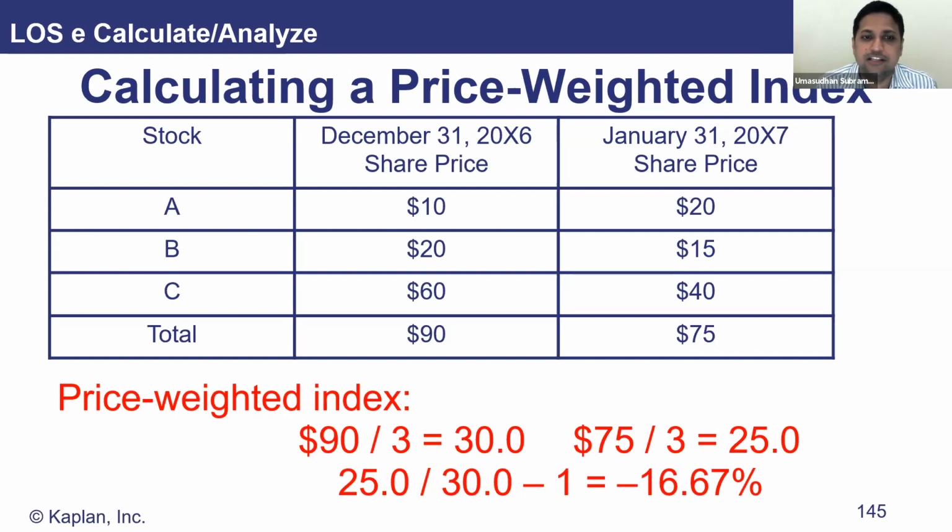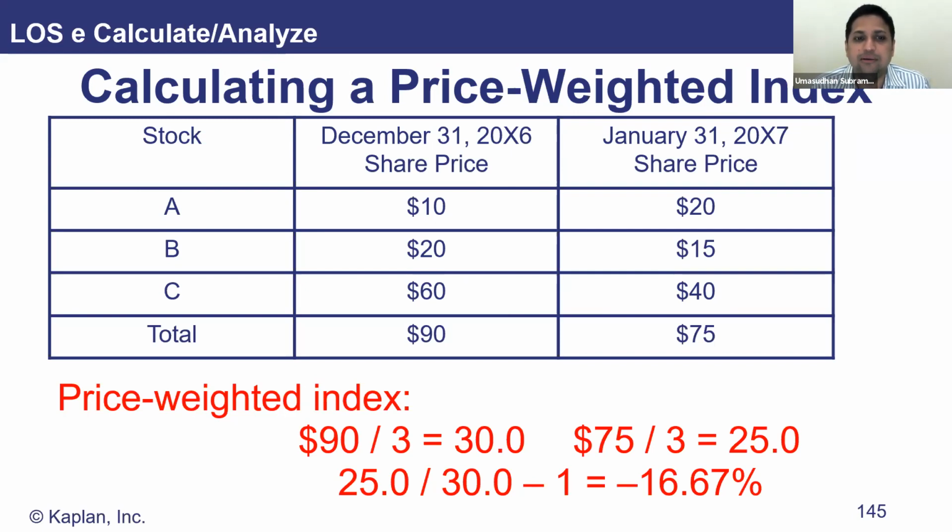In the first one, A is trading at $10. A has gone up to 20. B is trading at 20. It's gone down to 15. C was trading at 60. It's gone down to 40. So in terms of a price weighted index, what are you going to do?